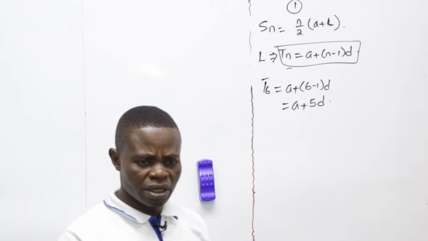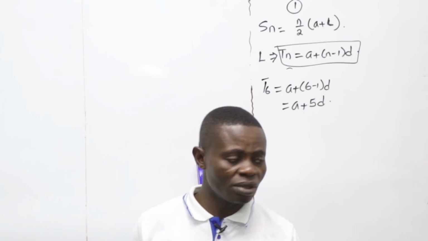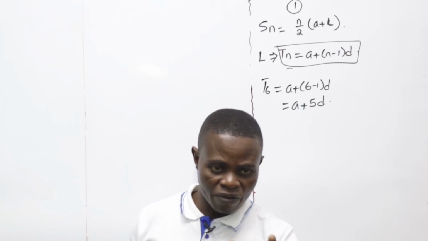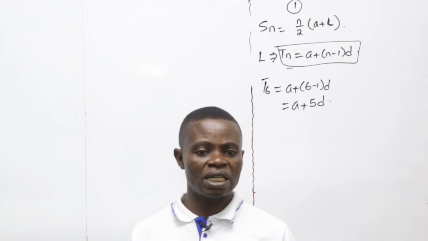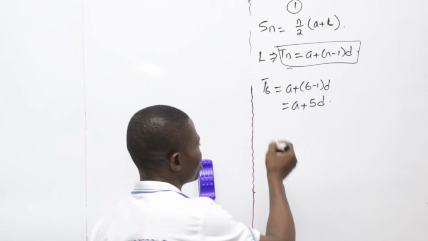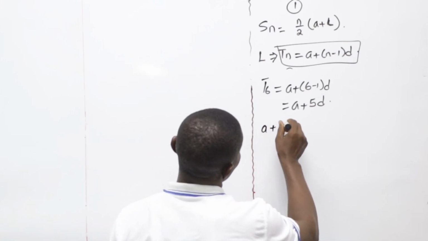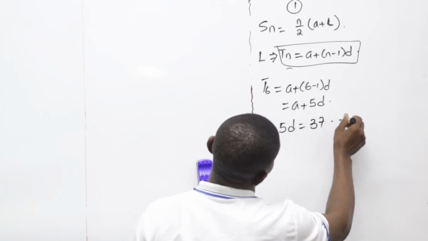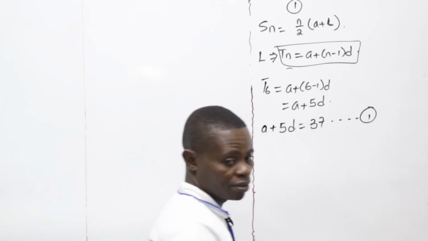We were told that the sixth term of the arithmetic progression is 37. Therefore, a plus 5d equals 37. Just call it equation 1.